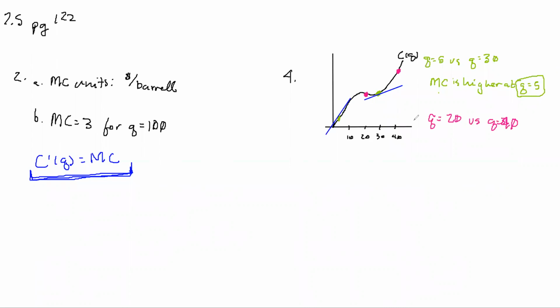Which do you think has the higher marginal cost? 40. And that's just because it has the larger slope. This is like 0-ish. Okay. Let's try. Hold on a sec. Sorry. No, you're good.